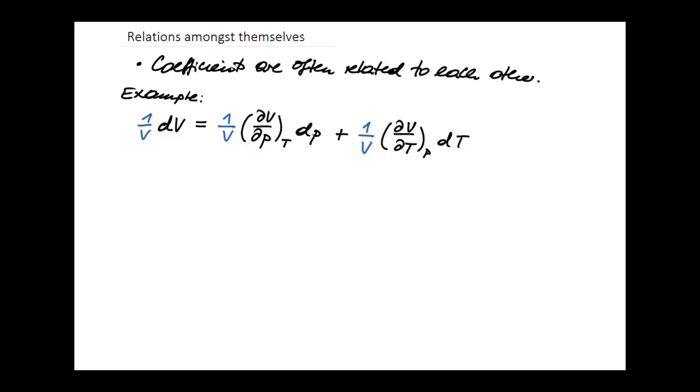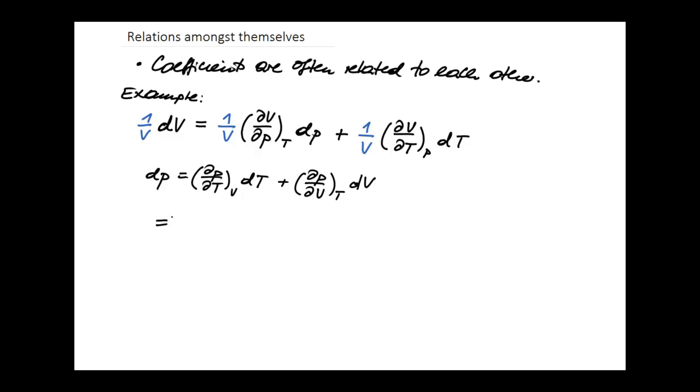This is easy enough. Then I can consider another differential, the differential of pressure, and consider pressure as a function of temperature and volume. So I write this as partial with respect to temperature at fixed volume times dT plus partial with respect to volume at fixed T times differential of volume.